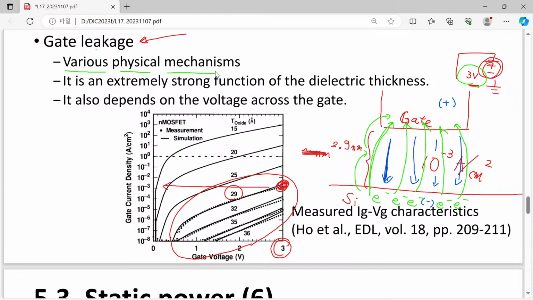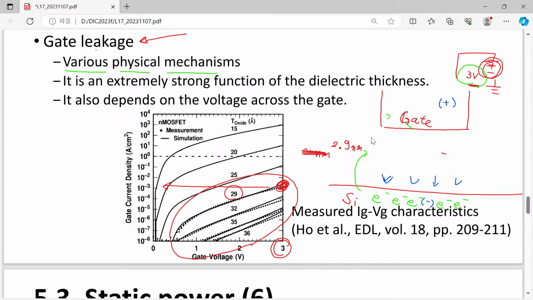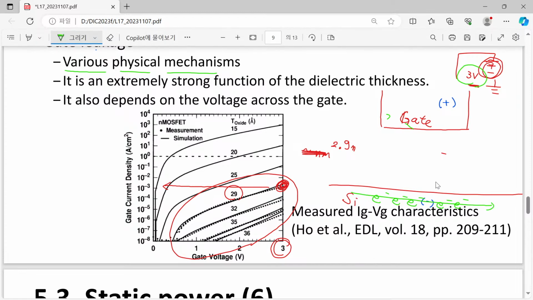Of course, I'm not saying that between this gate and silicon channel we can have normal current conduction like in the silicon channel, where there are many electrons, and when we apply a certain voltage, they are moving.